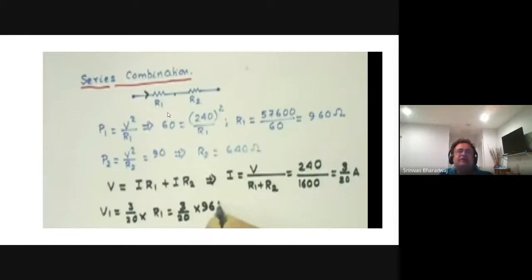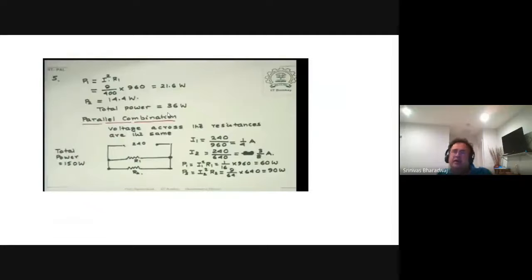There is no free lunch. That's how you solve these problems. The power is V square by R or I square R. You solve the circuit and then you find the equivalent power.